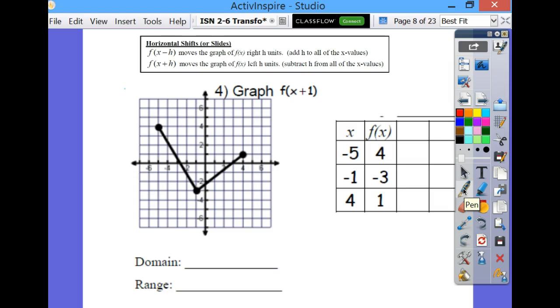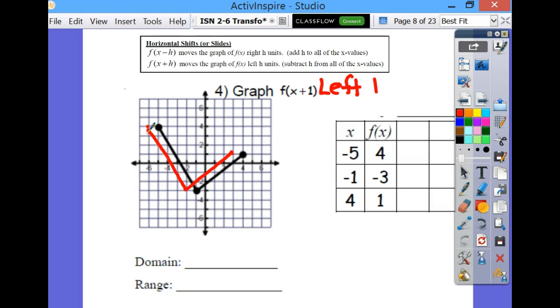If it is in the parentheses with the x, it's going to go either left or right. And so instead of going right, it goes backwards. So I'm going to take this and go to the left 1. That's going to be my new graph.